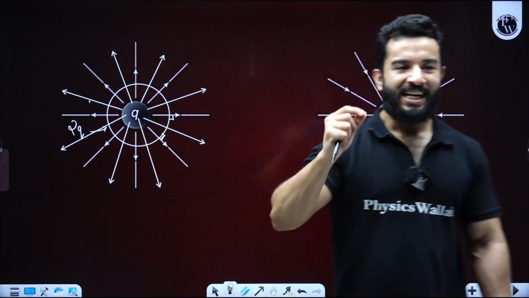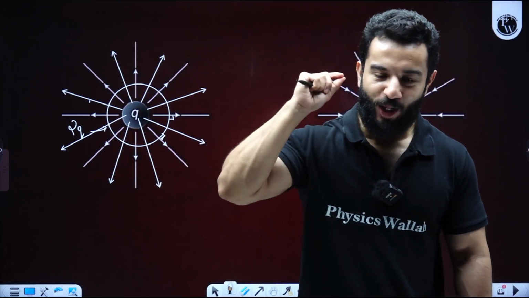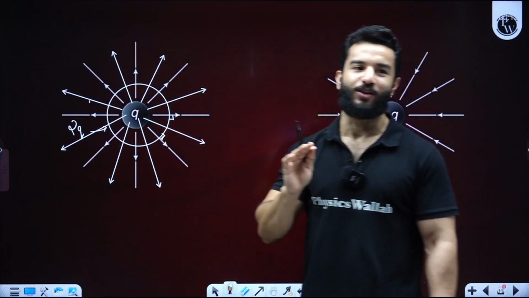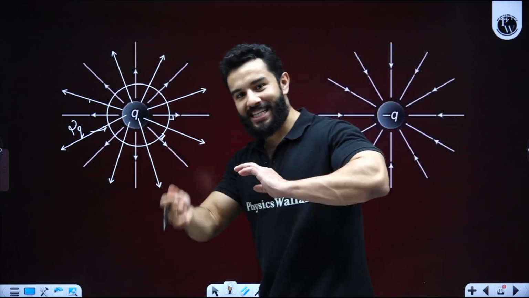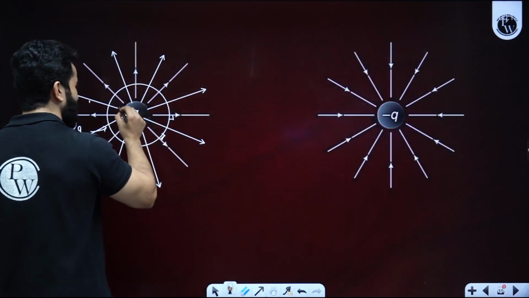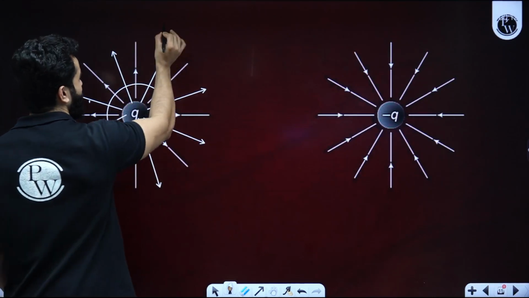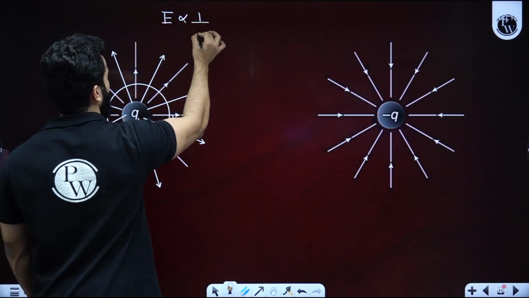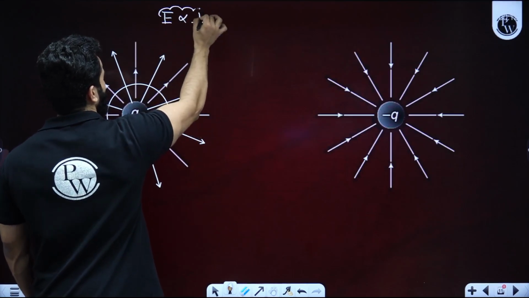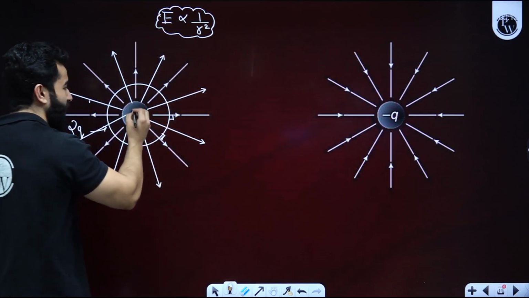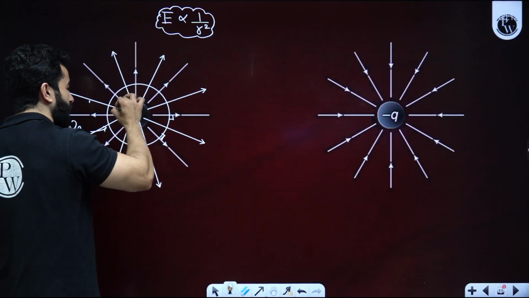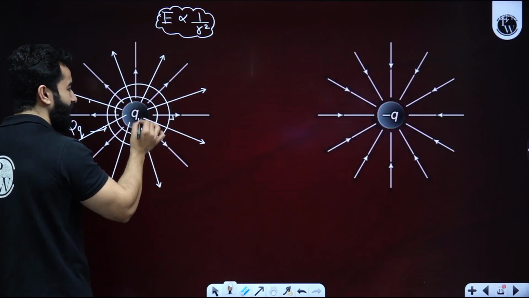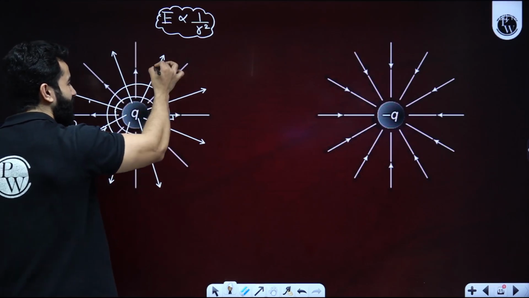This means that the number of field lines crossing an area normally is directly proportional to the magnitude of the charge. As we know, electric field due to a point charge is inversely proportional to r square, isn't it? So at the point where the electric field lines are crowded, electric field intensity will be more as compared to this point.